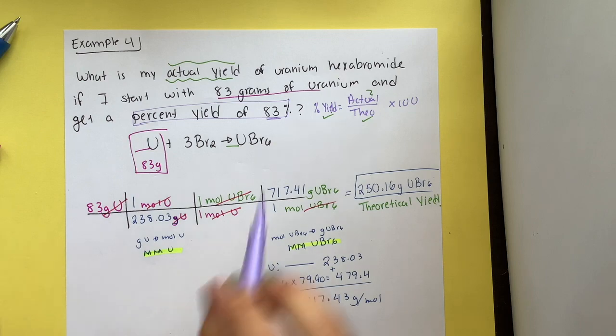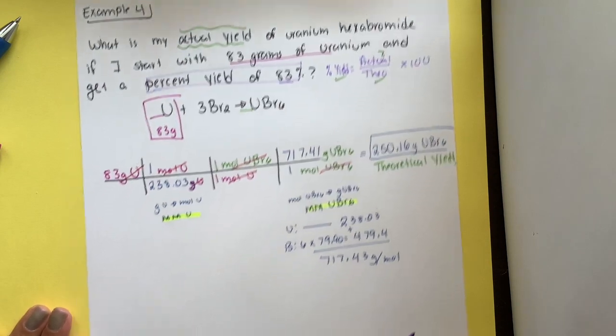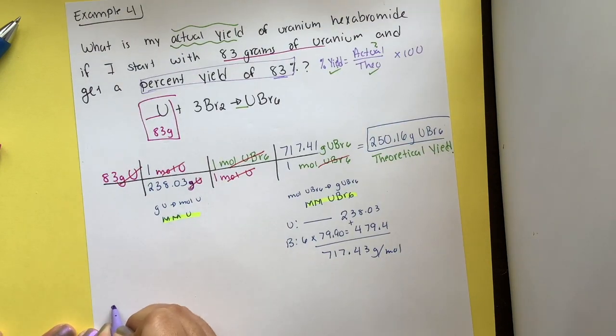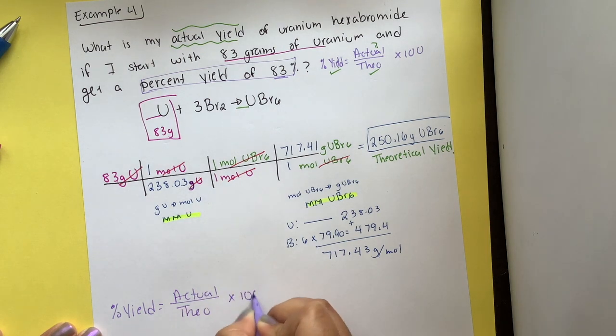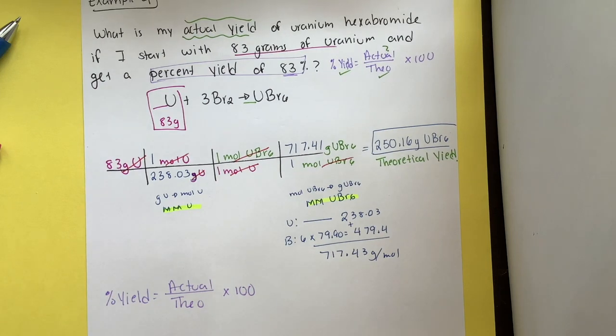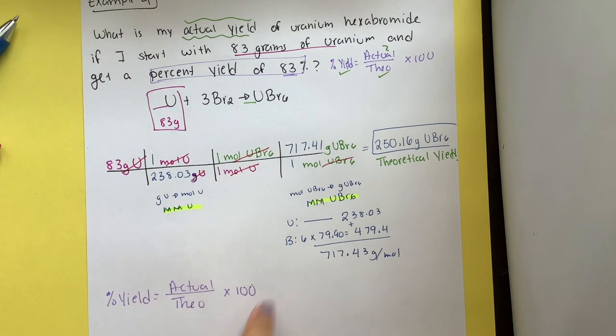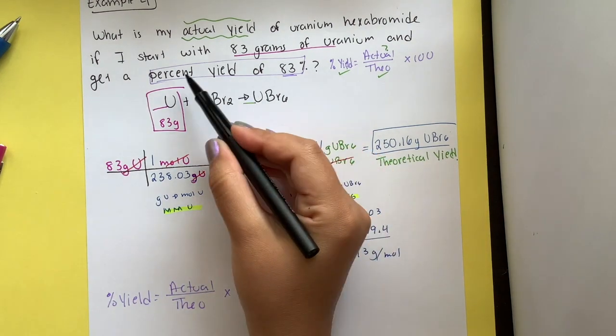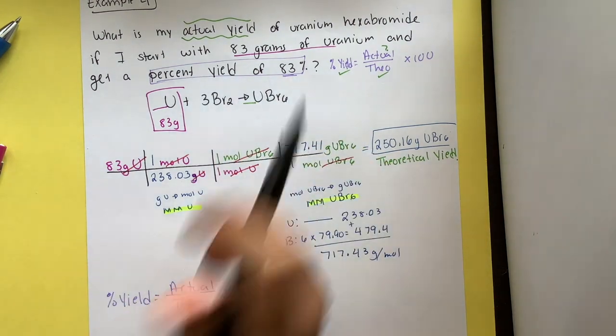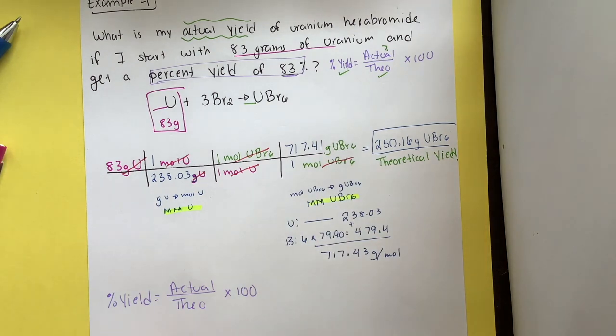Okay, so I'm just going to go ahead and copy this same formula again down here. So percent yield equals actual over theoretical times 100. And what I'm going to do is plug in all my values into this problem. So percent yield, the question gave it to me, was 83%.